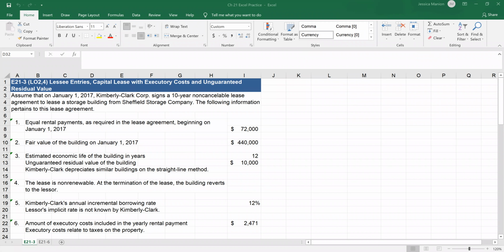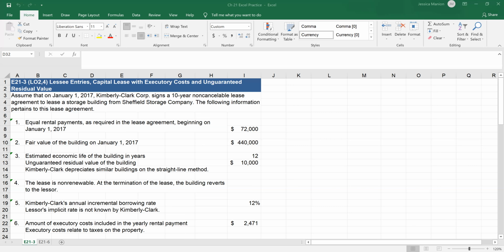Equal rental payments as required in the lease agreement, beginning on January 1, 2017, 72,000. Fair value of the building on January 1, 2017, 440,000. Estimated economic life of the building, 12 years.